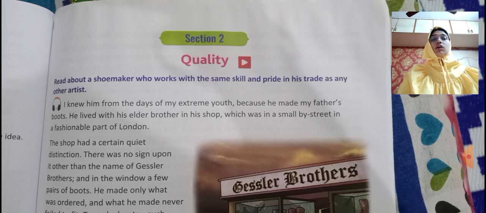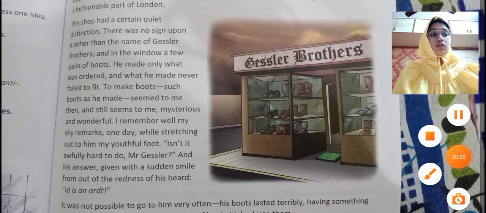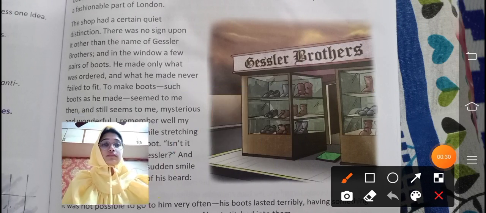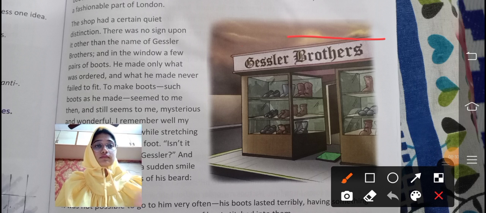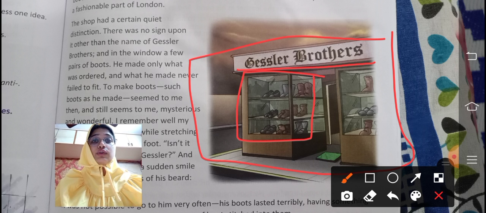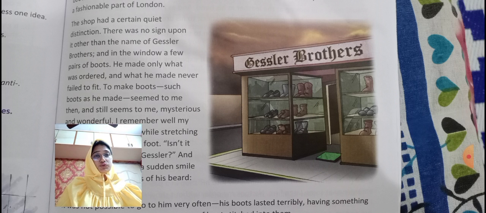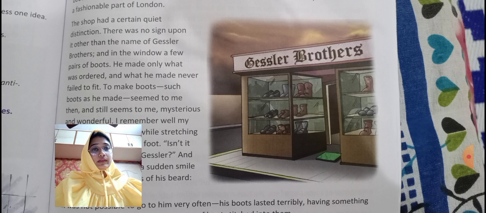And in the window, a few pairs of boots. If you open page number 115, you will see the picture. You can see the Gessler Brothers signboard, and on the left side there is a window in which he displayed the boots. That showed that this is a boot shop.